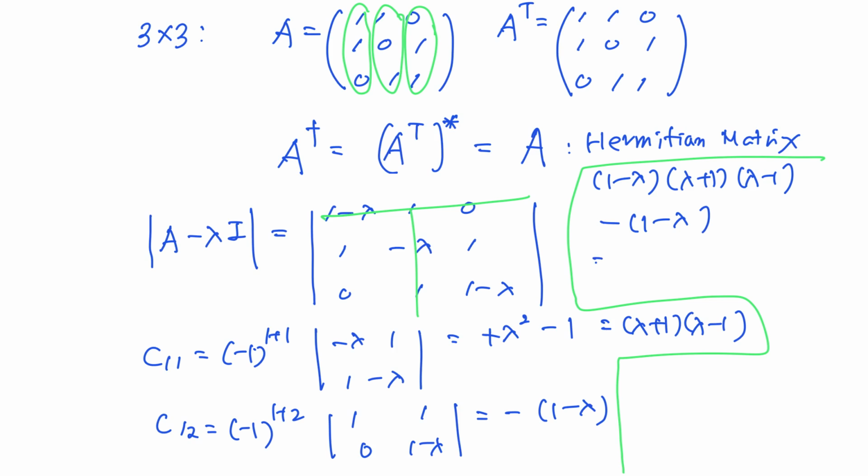So that is 1 minus lambda, squared minus 1, minus 1. Oh, something is wrong. This is minus 1. There must be a 2.